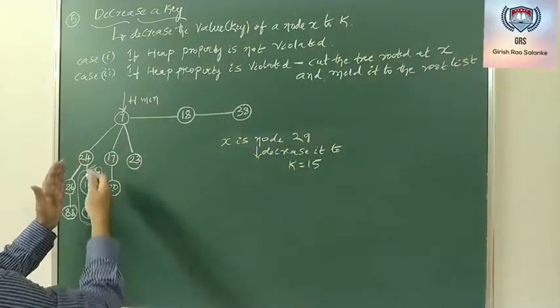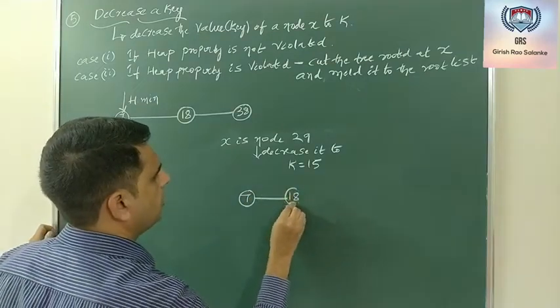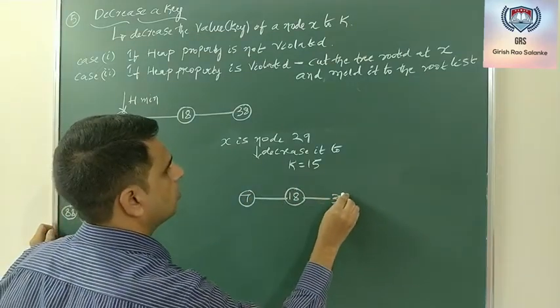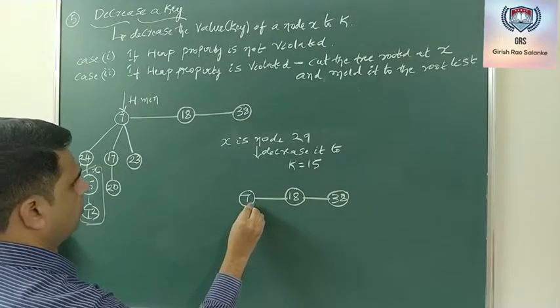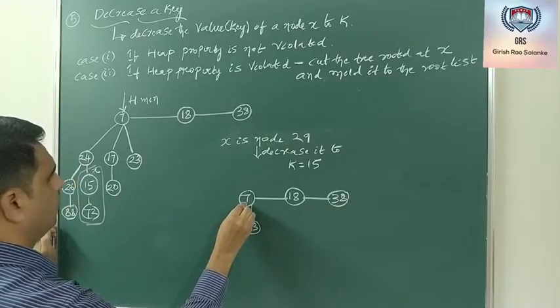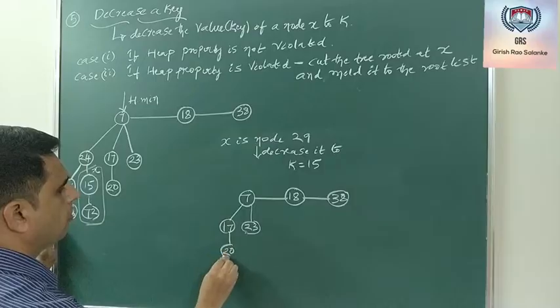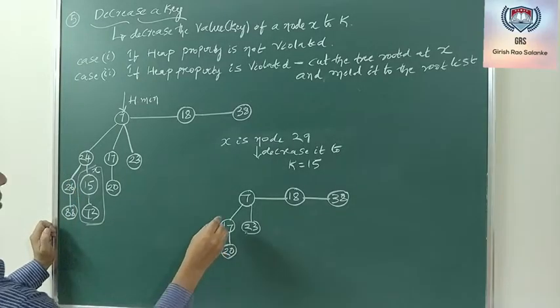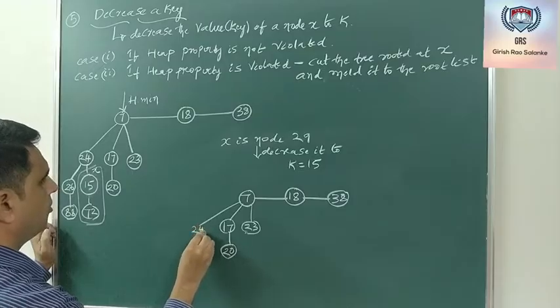Now what happens is this was my 7, 18, 38, 23, 17, 20, 24.